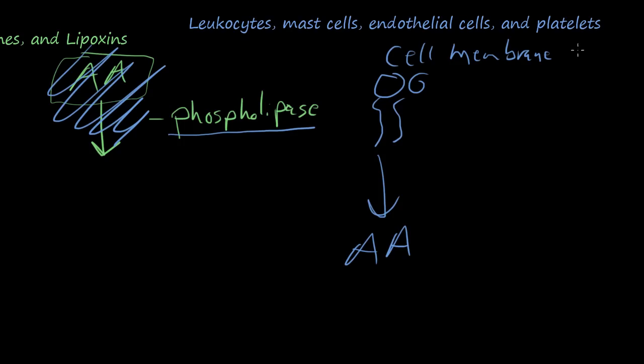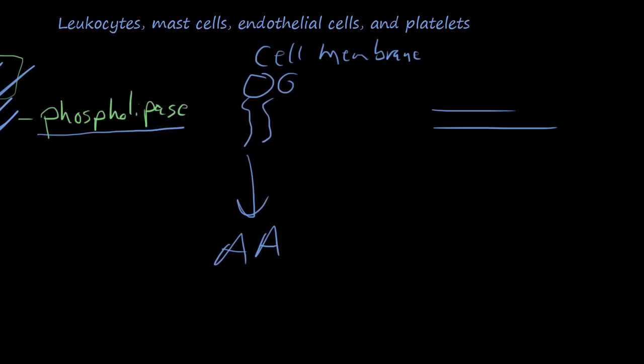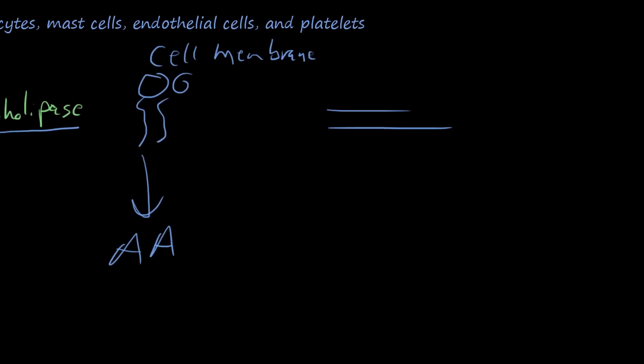And remember, platelets are circulating in the blood. The endothelial cells are the cells that are surrounding the blood vessel wall. The mast cells are outside of the, let me just draw a picture here. So here's a blood vessel.